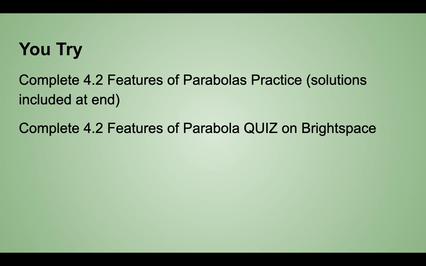And once you're done and you feel comfortable with that, you can do the 4.2 Features of Parabolas quiz on Brightspace. Basically it says, here's a parabola, tell me what the key features are, okay? If you do have any questions, please let me know. Using the envelope in the top right corner of Brightspace, you can instant message me or send me an email.